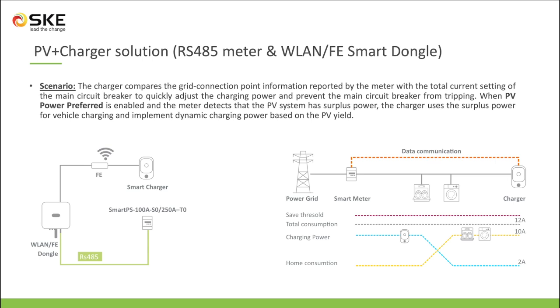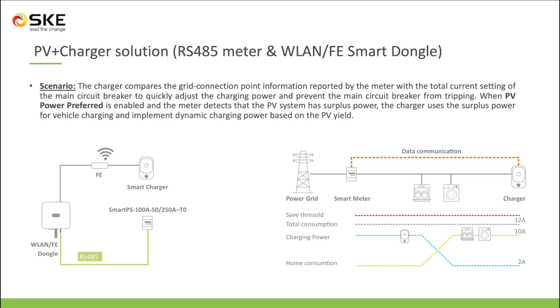So in a simple description of this type of application scenario, we integrate this communication networking so that in real time we can do load balancing. For optimal operation and to keep the system protected, there's a safe threshold that we cannot surpass. Here on the right side, at the lower part of our slide, we can see where the safe threshold is located. We can also observe the sum of our total consumption.